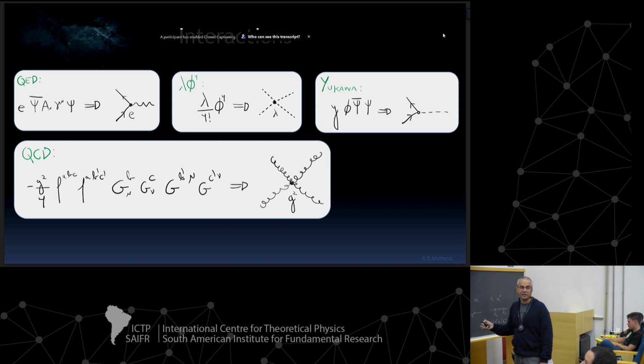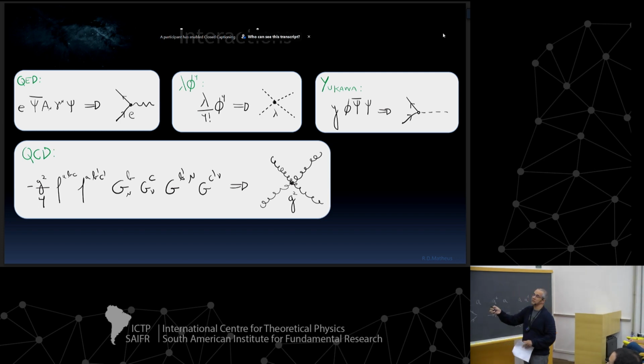This is the first interaction that people used to model the interaction between protons and neutrons and between themselves. That is the strong nuclear force, right? Phi here would be the pion. Once you put that in, if the fermion here is a proton, right?